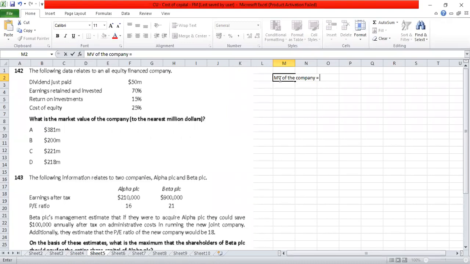So market value of the company is equal to, what is the formula? We have D1 by KE minus G.